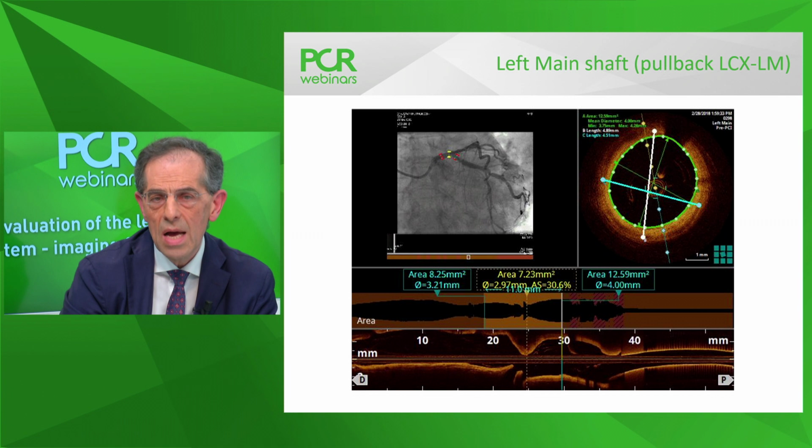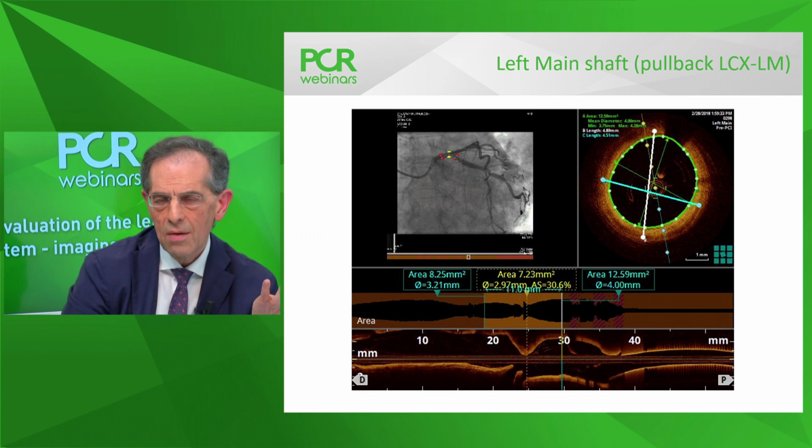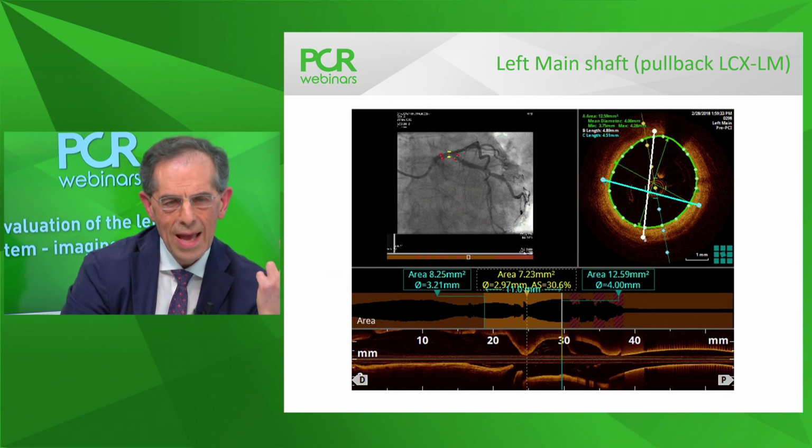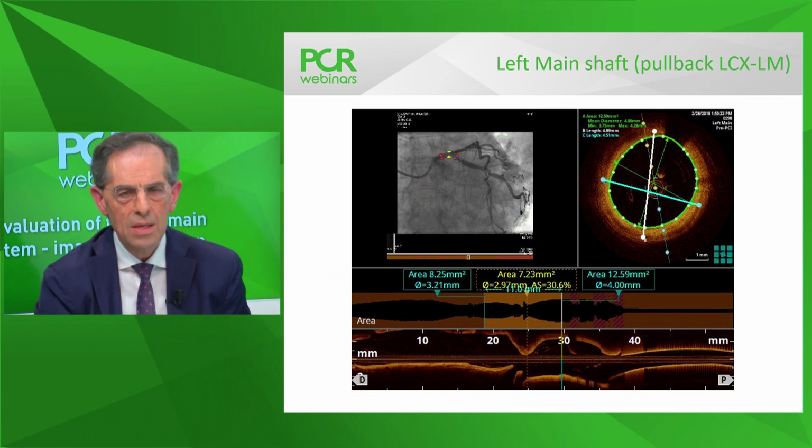And here you have the full assessment of the proximal part of the left main with a big area of 12. This is the essential information: synchronization of angio with imaging, and essentially automatic measurements to make the decision possible.